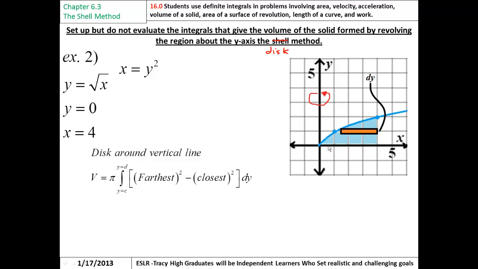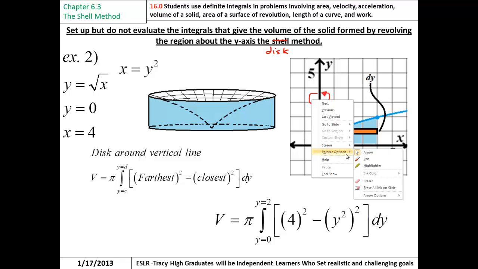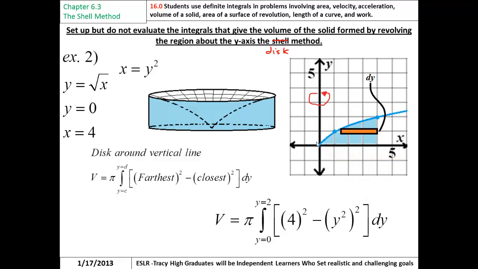So now, when we do this thing, we're taking this thing and spinning it around here, and our disks, our washers, really, look like this inner radius here, and this outer radius that remains constant.